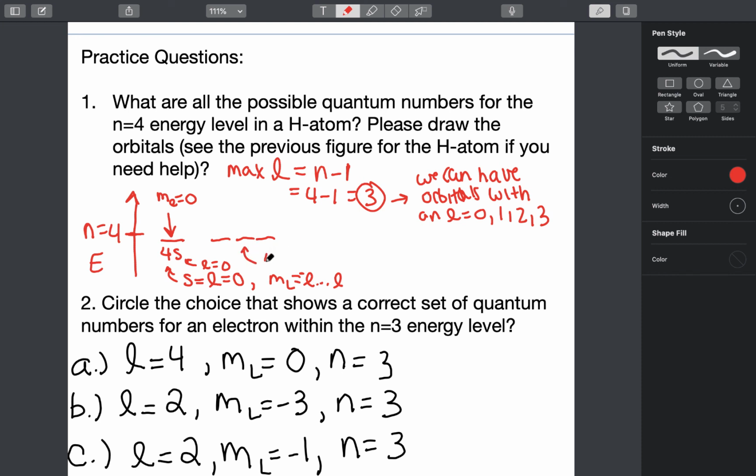So these are the 4p orbitals, and this would have an angular quantum number equal to 1. So therefore, our range of magnetic quantum numbers, which is equal to negative L to L, would be negative 1, 0, and 1. So we just write that here, negative 1, 0, 1.